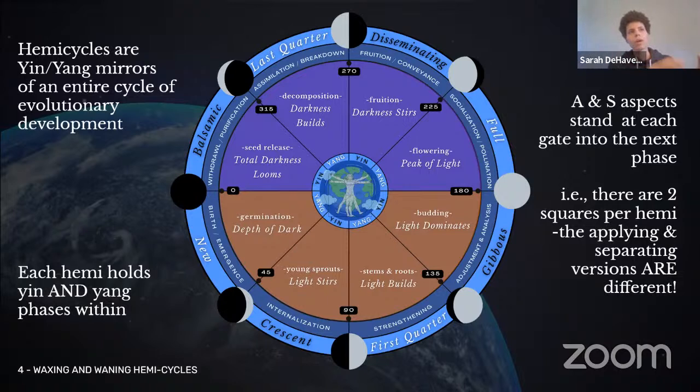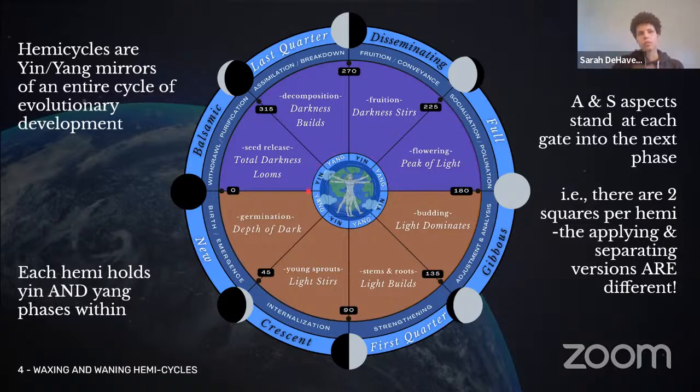So why I bring this up is that phases show us it mirrors an entire cycle of evolutionary development. And yet within each hemicycle, there are yin and yang phases within. For instance, the new phase is a yang polarity energy. The crescent phase is yin, first quarter is yang, gibbous is yin, full phase is yang, disseminating yin, last quarter yang, and balsamic is yin.